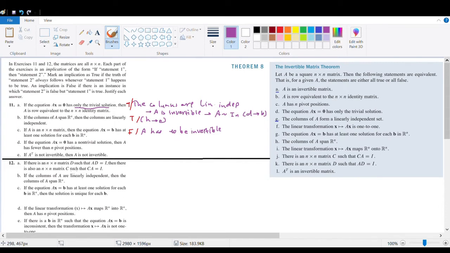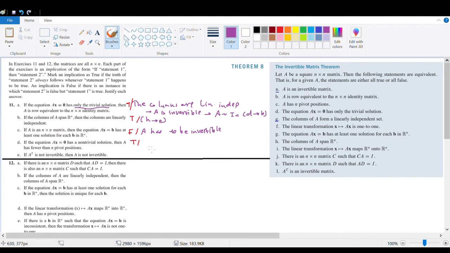Then D, if the equation Ax is equal to 0 has a non-trivial solution, then A has fewer than n pivot positions. This one is true because if Ax is equal to 0 has a non-trivial solution, that means D is false. The equation has a non-trivial solution, so that means A cannot have a pivot position in every column. So here we can say this one is true.